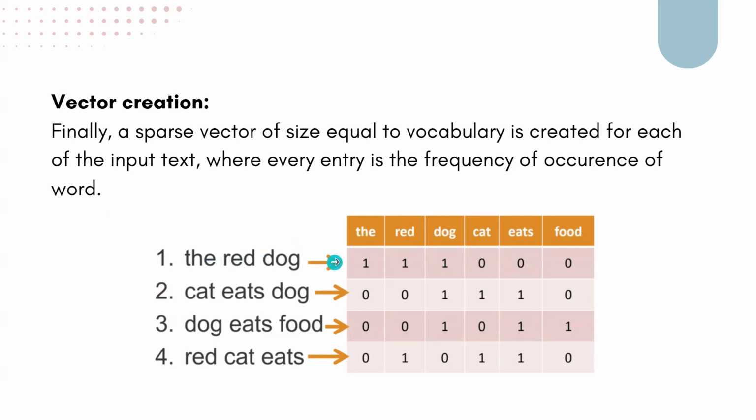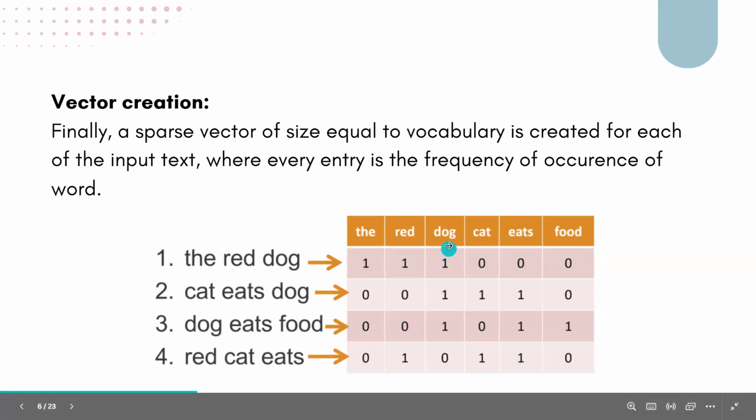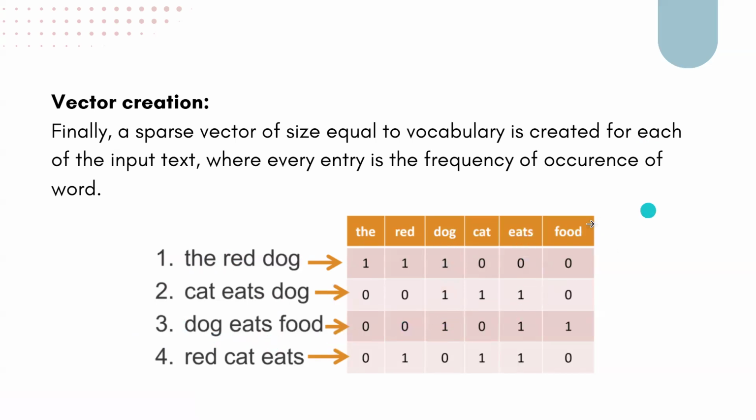The word "the" appears only once in the sentence. If there were two "the" in this sentence, then there would be a two written. So it is basically a frequency-based method to convert text into a numerical vector. Similarly, you can see the third sentence here, "dog eats food". So there is dog, there is eats, and there is food. I hope it's clear now.